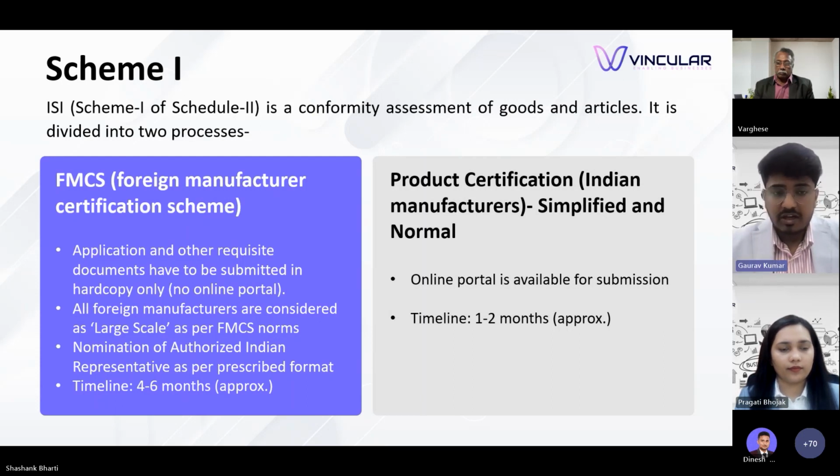We would also like to brief you on a very important point pertaining to the product certification as well as the foreign manufacturer certification scheme: an in-house test laboratory and in-house manufacturing setup are extremely important. The moment you call yourself a manufacturer, it is expected that you have a complete testing as well as manufacturing infrastructure present in your premises.